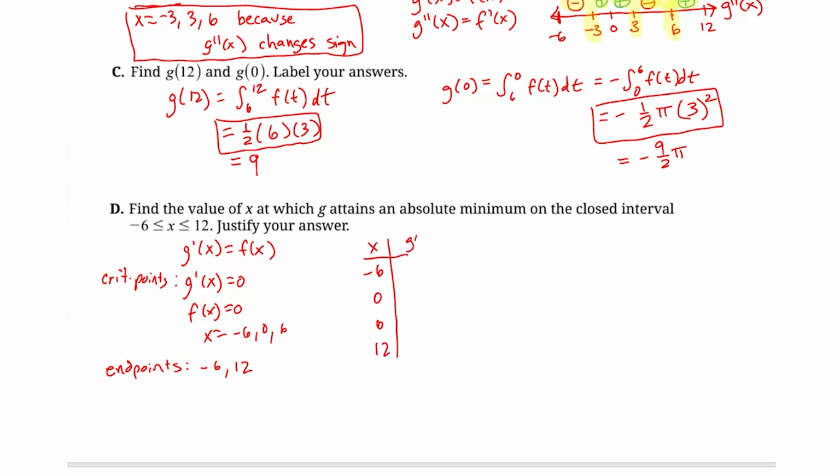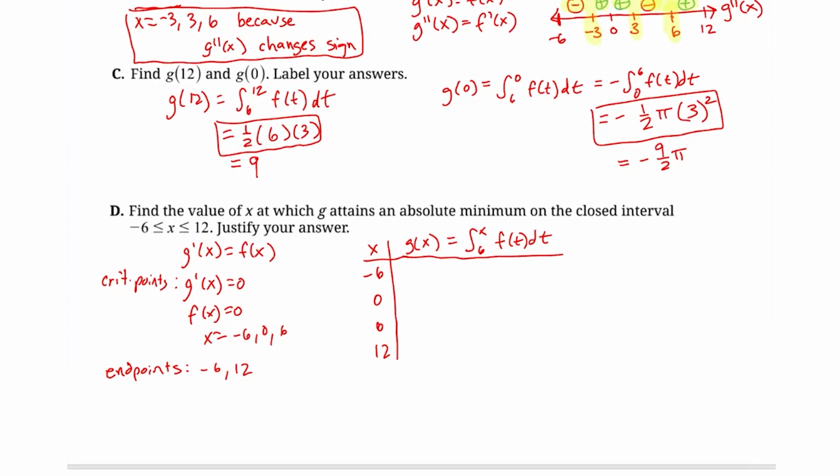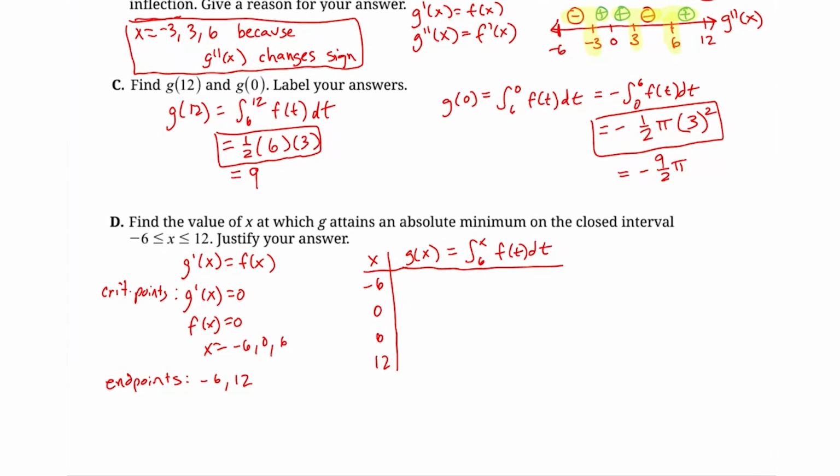And then we have g of x, which is, you don't need to write this down, but it's the integral from 6 to x of f of t dt. In other words, it's the area under the curve. Now, if we plug in -6, for instance, we are going to be evaluating the integral from 6 to -6 of f of t dt.